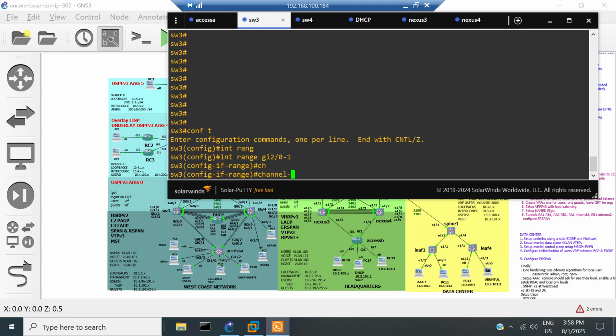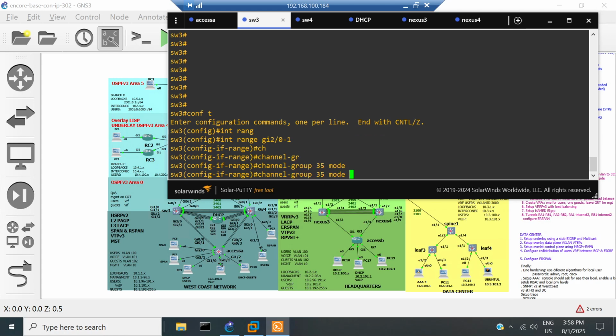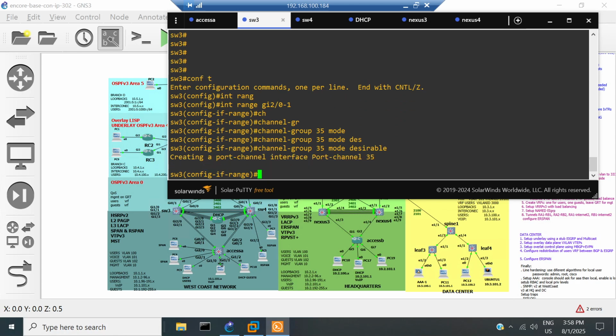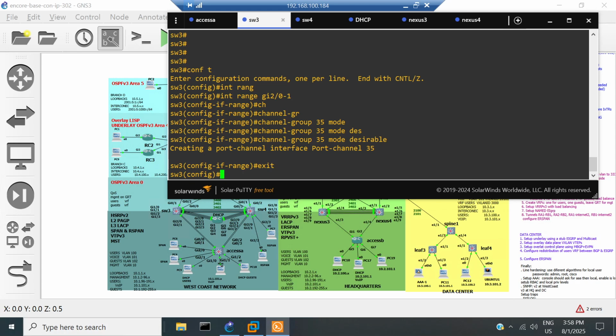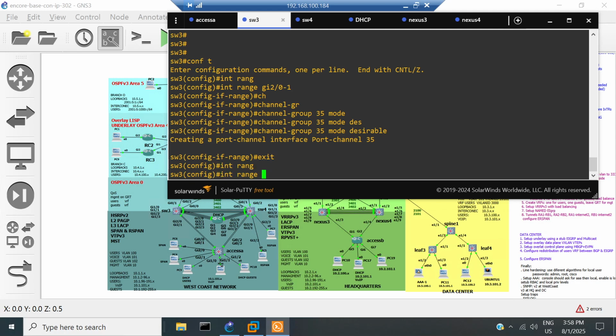Channel group 3 to 5, mode desirable, and then interface range. I'm going to create the EtherChannel that goes from switch 3 to switch 4. So that will be gigabit 1/0 to 3.